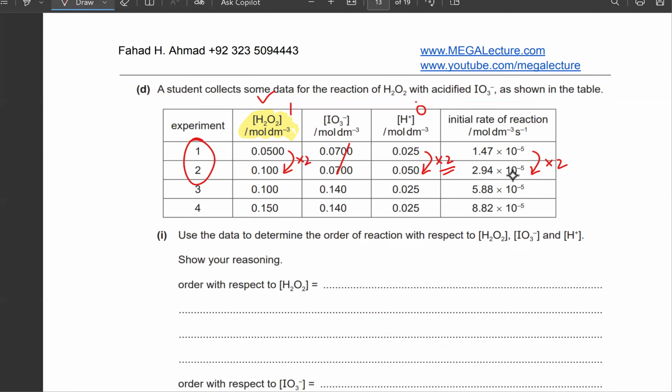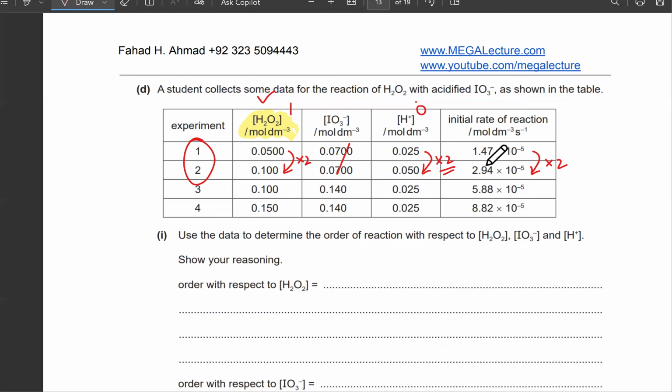Is that clear? Sir, if the initial rate of reaction was going 4 times instead of double, then H plus would be order 1? Exactly. If it wasn't 2.94, if it was like double of 2.94, that's 5 something, then yes, that would have meant that the rate of the reaction is doubling, and that was probably caused by this thing.